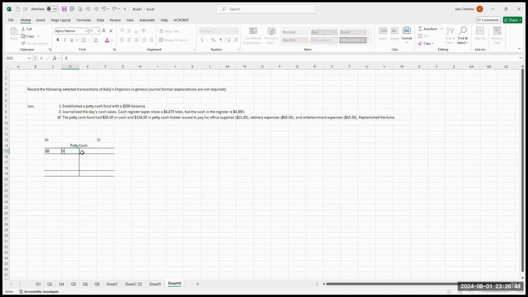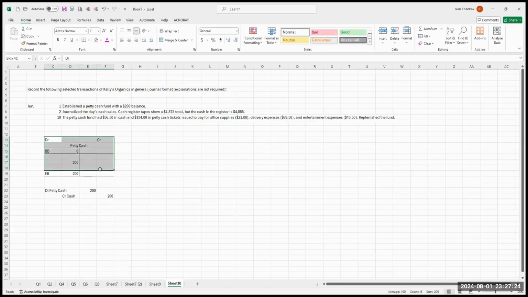Beginning balance was 0 before we opened it. Then we debited petty cash and credited cash for $200, right? And now we have in petty cash $200. That's how much we have. The ending balance obviously will still be $200.